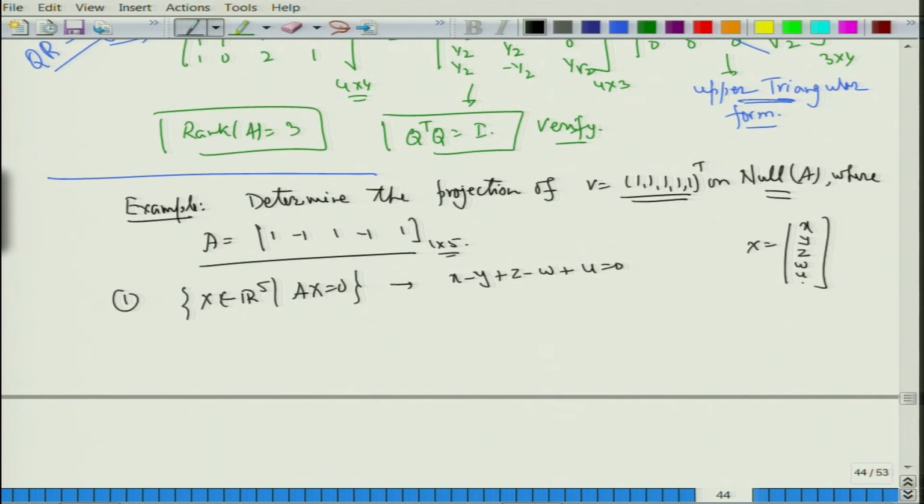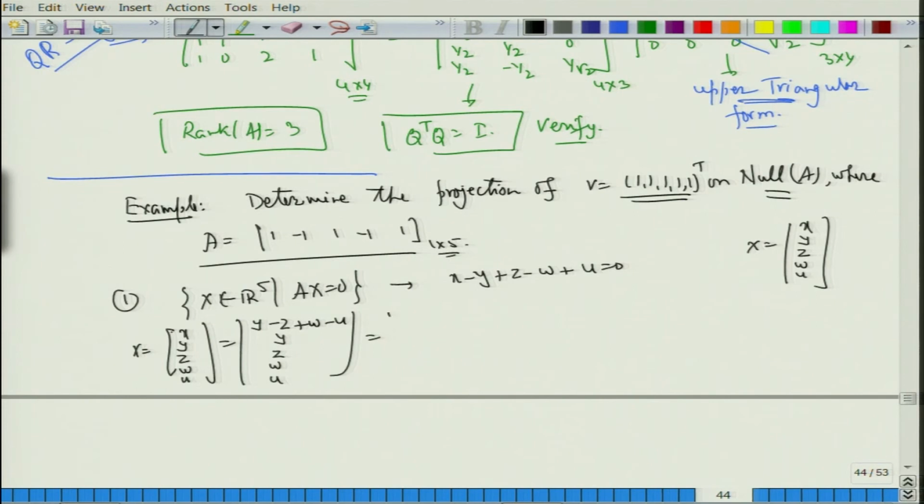I always make mistakes, so be careful. So what I get here is X equal to minus Y, wait, X is Y minus Z plus W minus U. Y remains as it is, Z remains as it is, W remains, U remains.